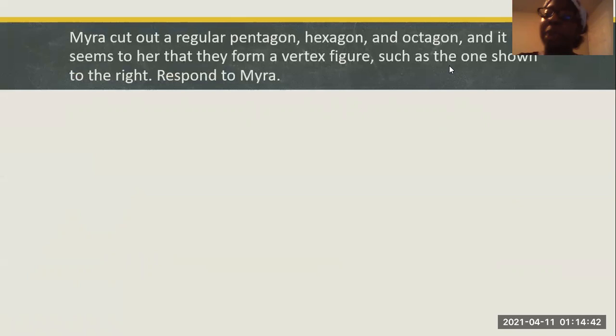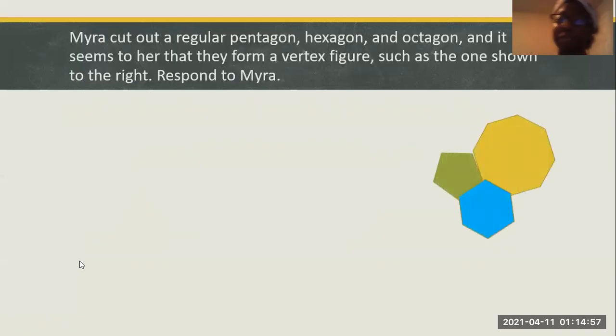Now, our third question. Maya cut out a regular pentagon, hexagon, and octagon, and it seems to her that they form a vertex figure, such as the one shown to the right. Respond to Maya. So this is the figure that she has, and she said it forms a vertex figure. Now, what is a vertex figure?